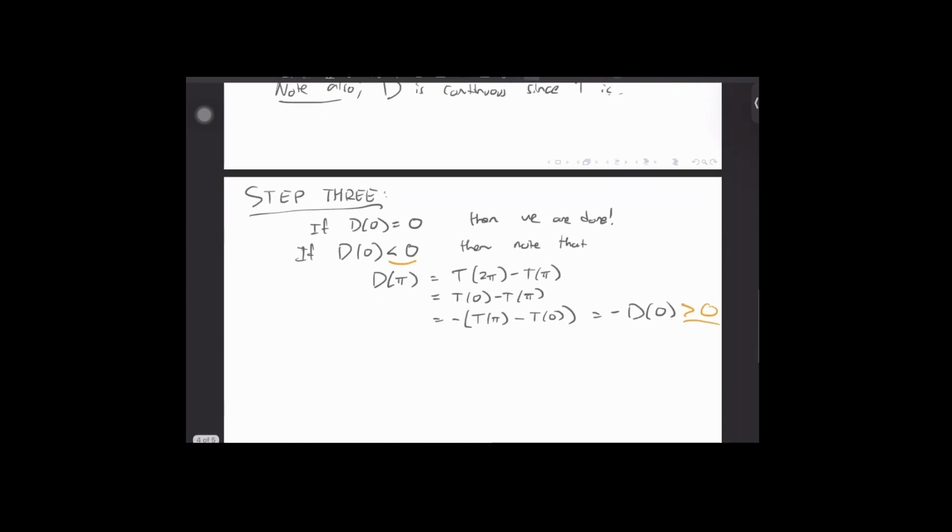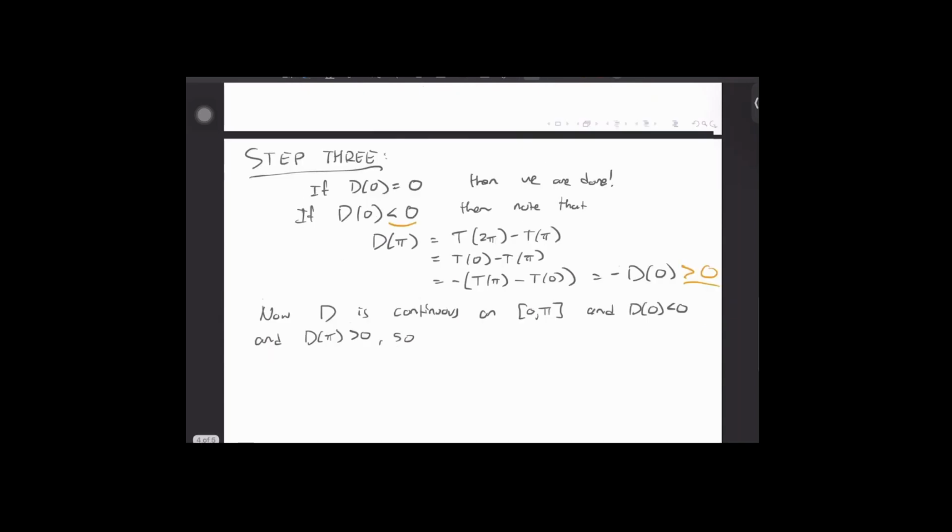But now I have a continuous function. So d is continuous on 0 to pi, and d of 0 is less than 0, and d of pi is greater than 0.